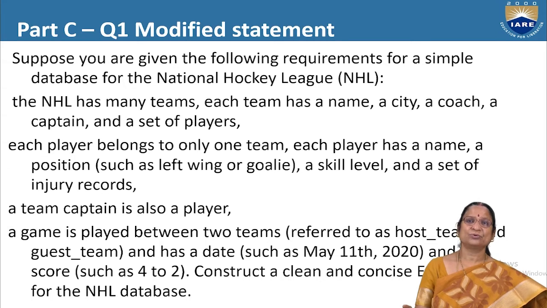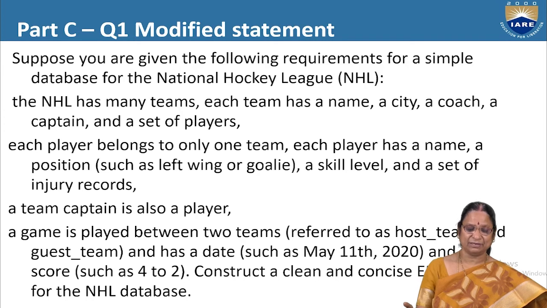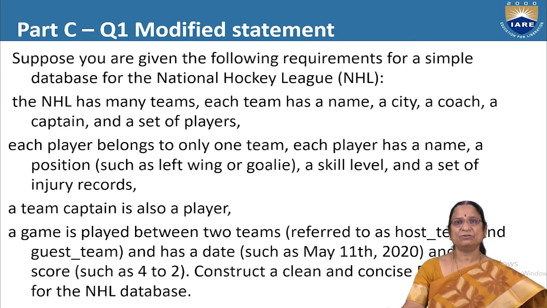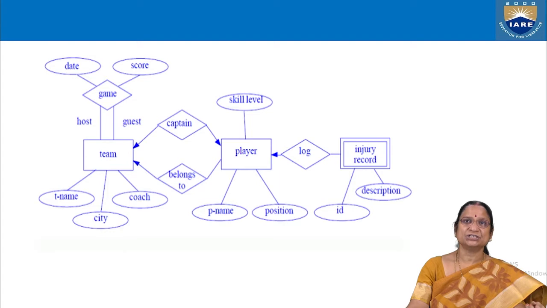So that's why team is an entity set with specified attributes. Player is also an entity set with specified attributes. A team captain is there as well, but a team captain is a subset of the team players. And game is played between teams, so game is going to be considered as a relationship. Among the teams only the game is going to be played.